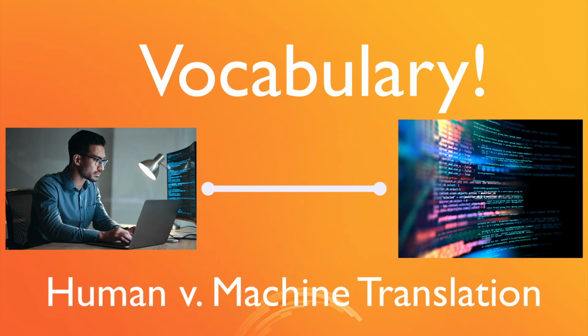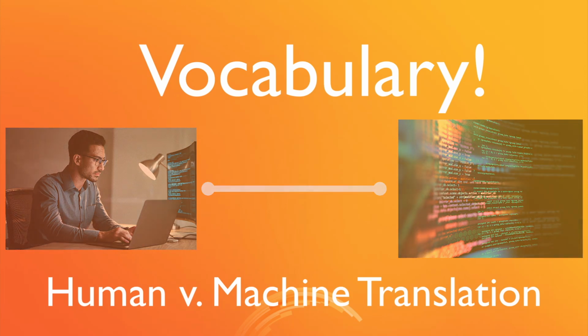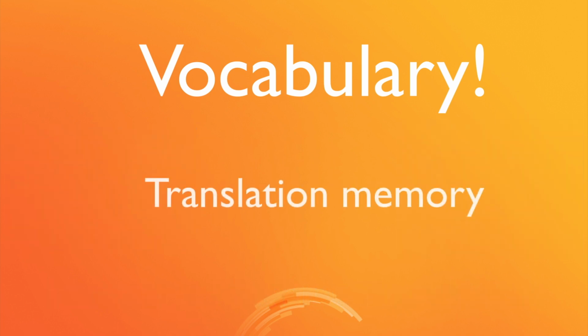Machine translation relies upon translation memory, or TM. A TM is a database used by translation tools to store segments of translated text along with the original text. Those segments might be sentences, phrases, or paragraphs.